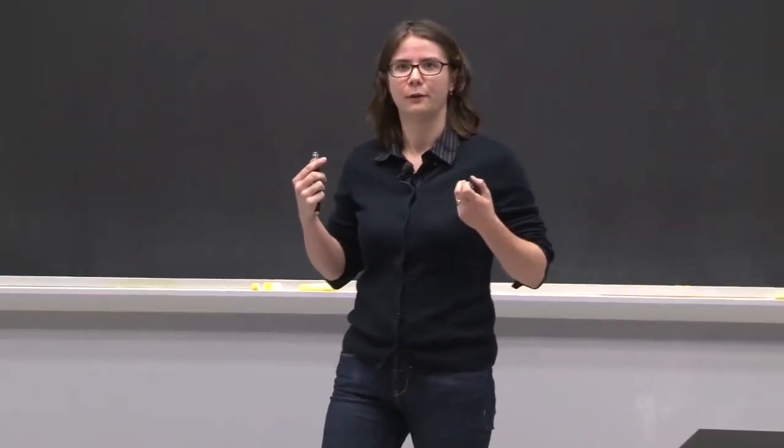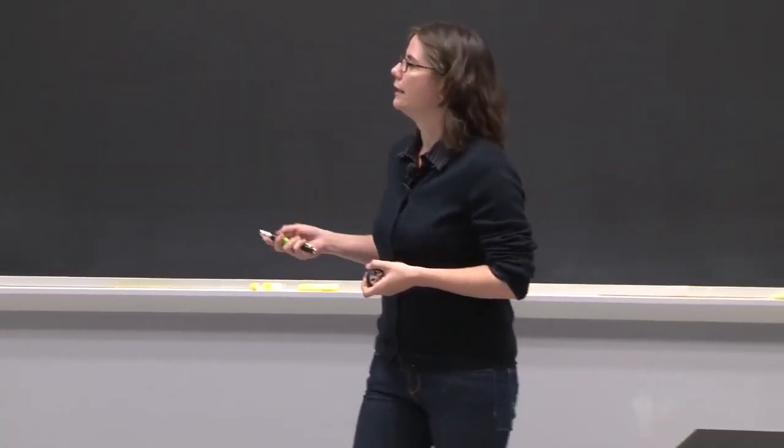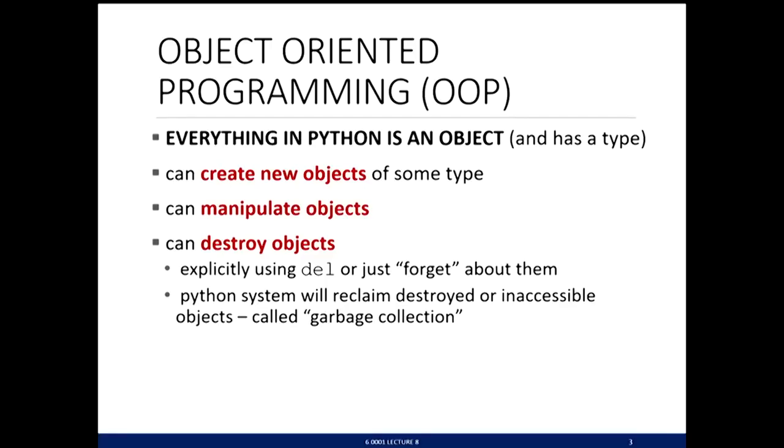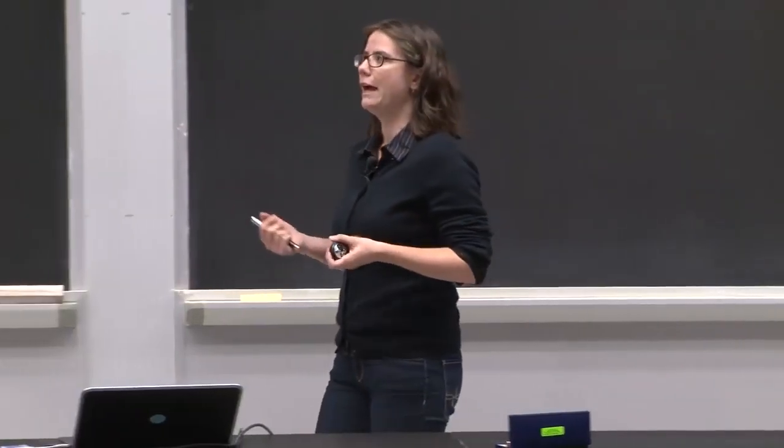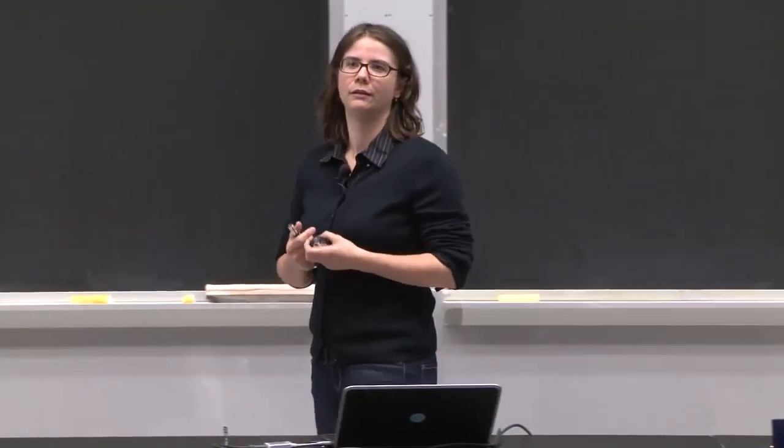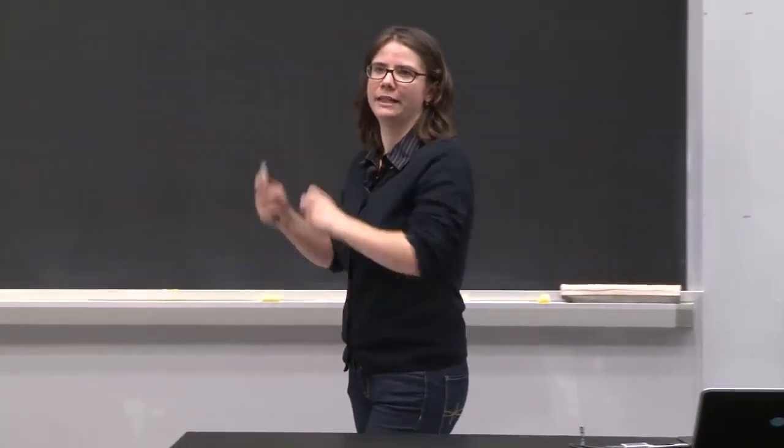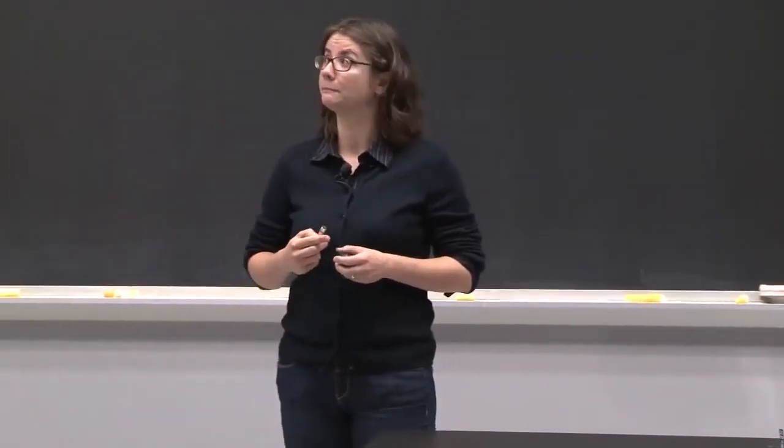So those are ways that you can interact with objects. And the last thing you can do is you can destroy them. So with lists, we saw explicitly that you can delete elements from a list. Or you can just forget about them by reassigning a variable to another value. And then at some point, Python will collect all of these dead objects and reclaim the memory.